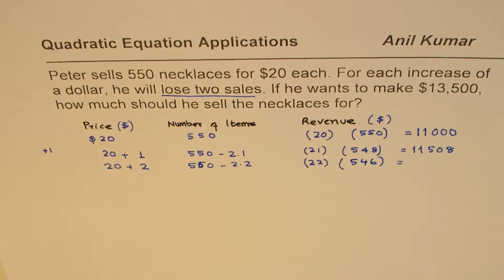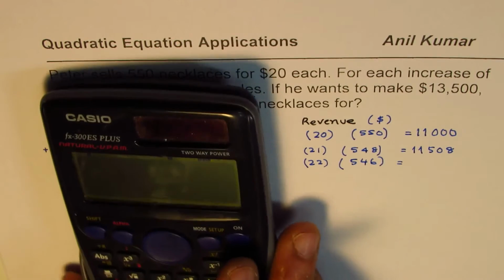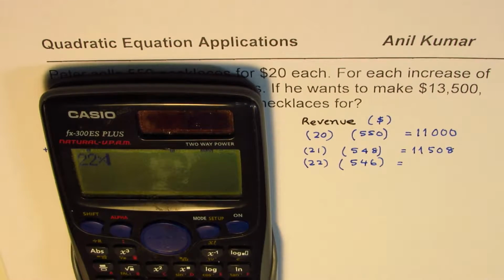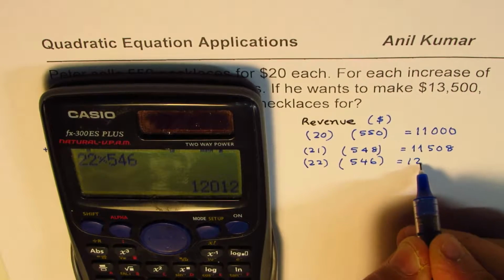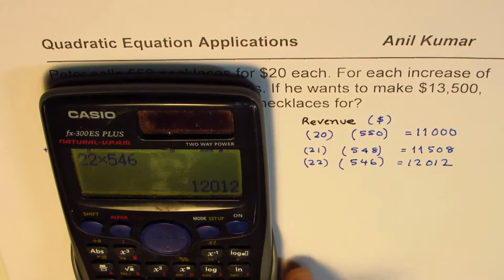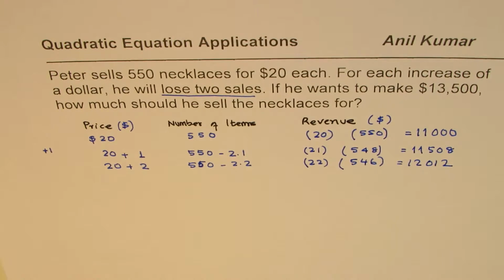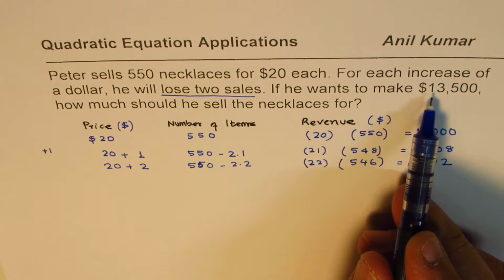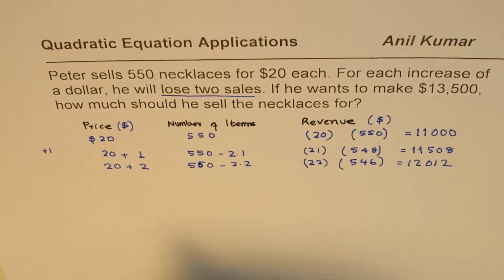And how much is the revenue this time? 22 times 546 is, oh my God, 12,012. It is short of 13,000, so that means we can definitely reach 13,000 if we go with this trend.